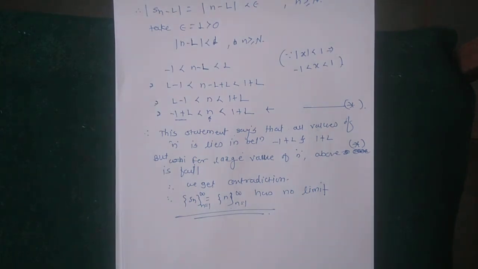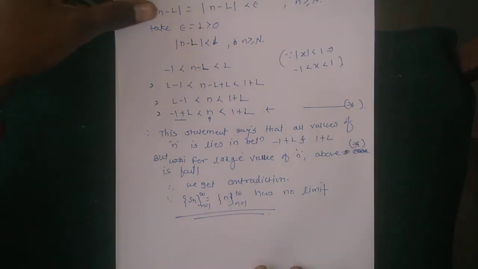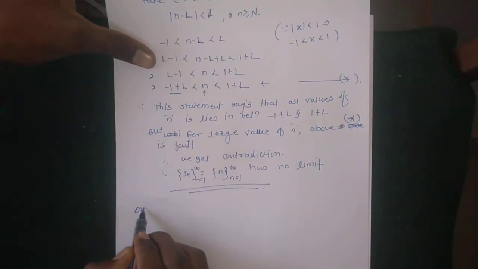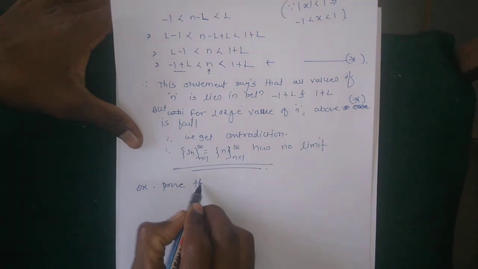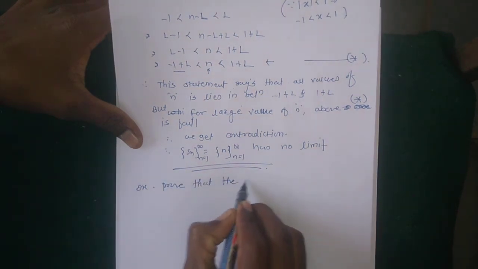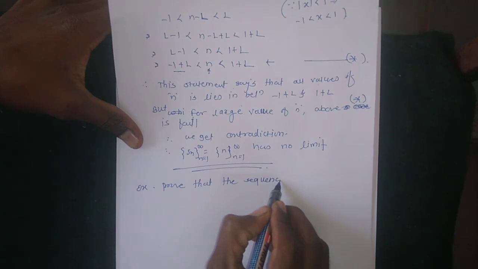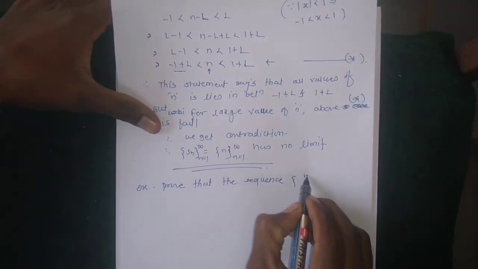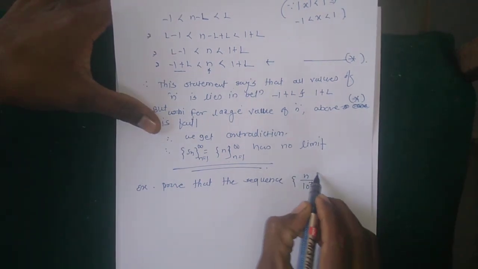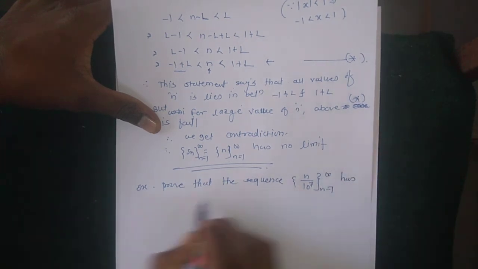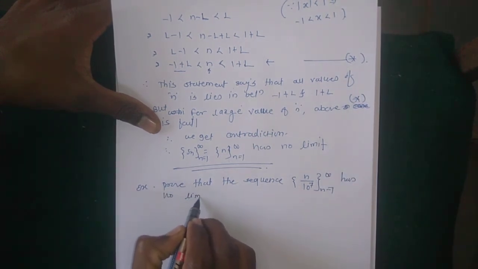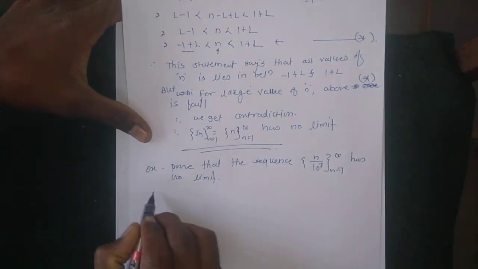Then in a similar way, next example: prove that the sequence n divided by 10 raised to 7, n runs from 1 to infinity, has no limit. Okay, prove.